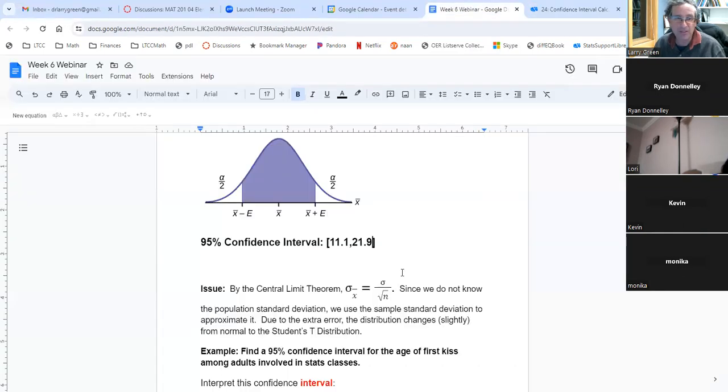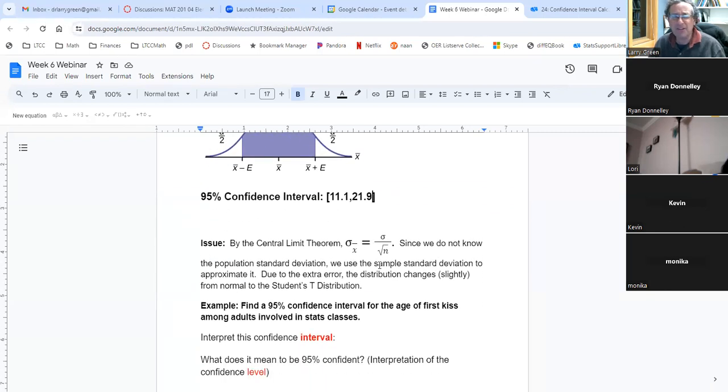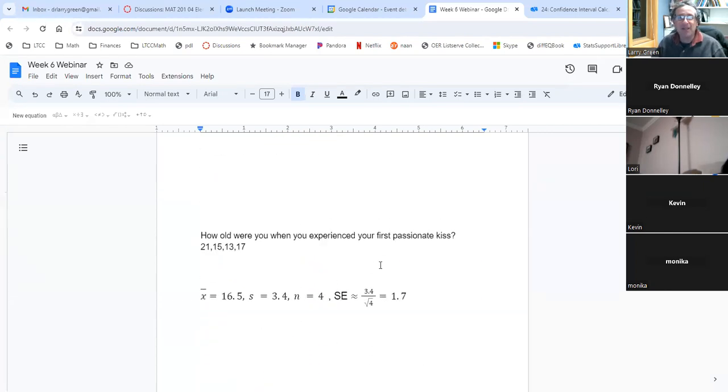So now, once we've got that, I want to mention one more thing, and that is up here. Right here, I said that standard error is not exactly 3.4 over root 4, but it's approximately 3.4 over root 4. Why was it approximately 3.4 over root 4?